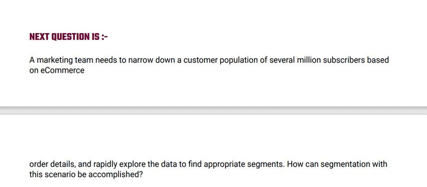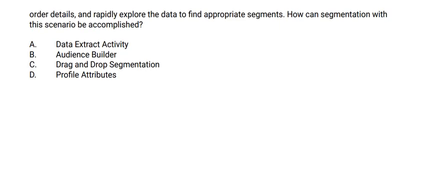Next question is, a marketing team needs to narrow down a customer population of several million subscribers based on e-commerce order details and rapidly explore the data to find appropriate segments. How can segmentation with this scenario be accomplished?